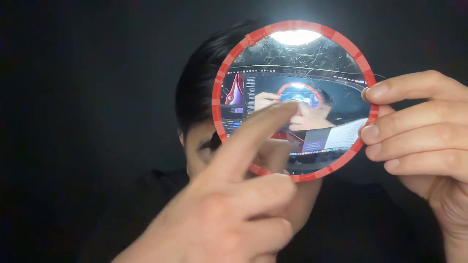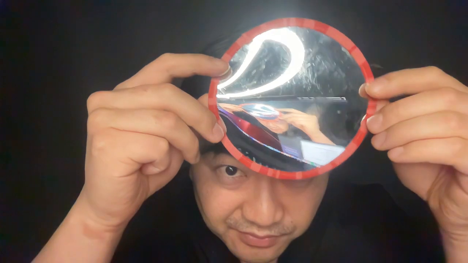But if I were to curve one axis, an axis going this way, it will stretch that image like so. And depending on where the axis is, it will bend the image and stretch the image in that direction.